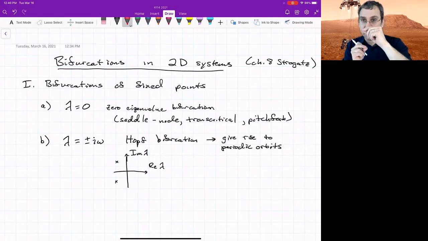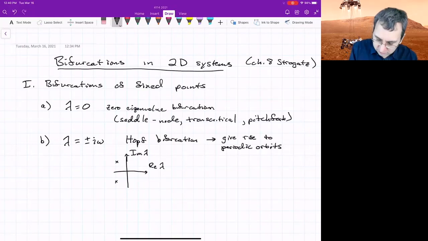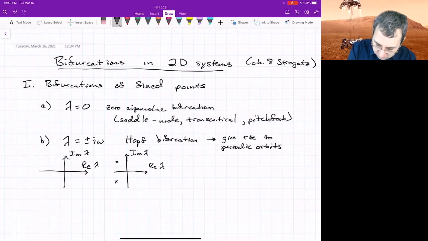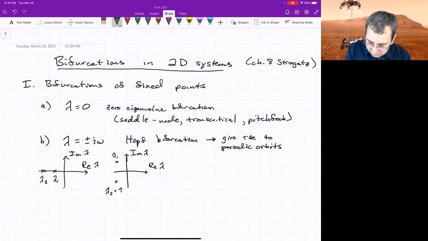In a 2D system, we're linearizing about a fixed point, so that Jacobian matrix A, you could either have a situation where, let's say, both of them are real, and these, lambda 1 and lambda 2, are, say, negative. If you've got even one of them off of the axis, then the other one is its complex conjugate. So they have to come in pairs.